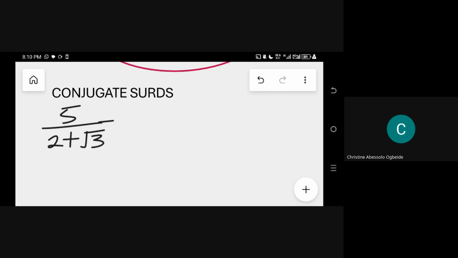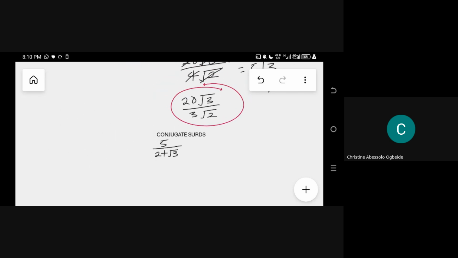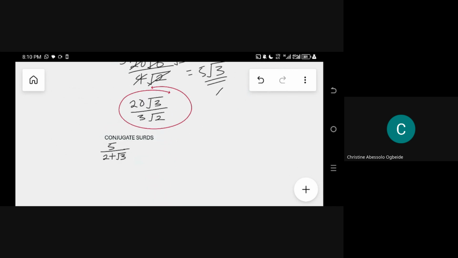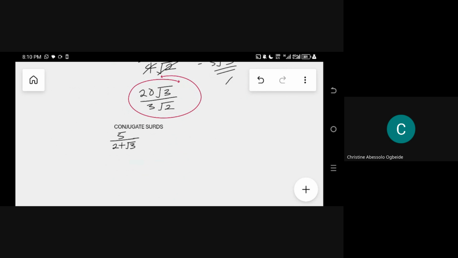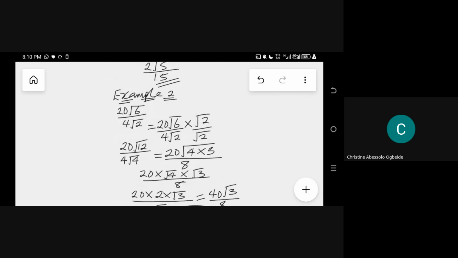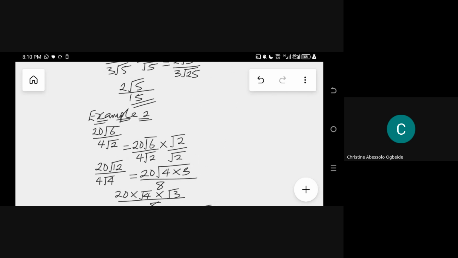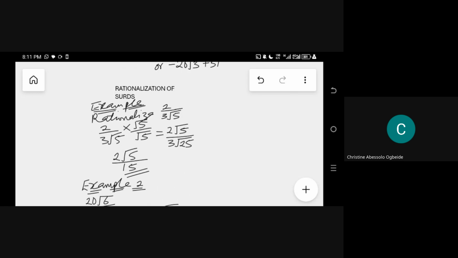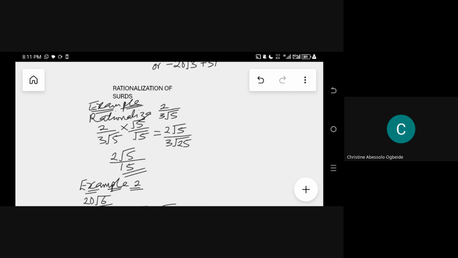Juxtapose this and the other ones you've looked at. At the denominator, we have 2 plus root 3. Now compare it with the others. Example 2 is not 4 plus root 2, it is 4 root 2. It's a product, they are together. Example 1, at the bottom, is not 3 plus root 5 or 3 minus root 5, it is 3 root 5.